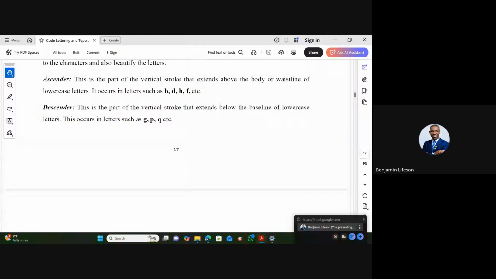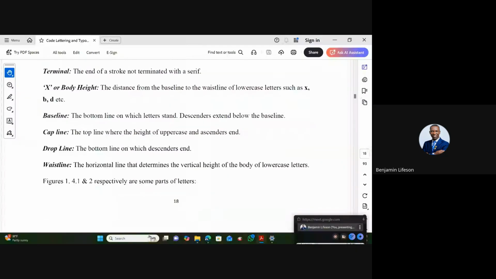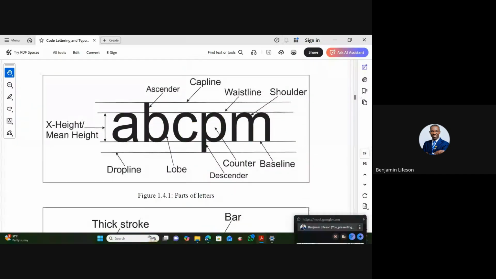Then let's look at descender. Descender is the part of the vertical stroke that extends below the baseline of lowercase letters. They are the parts dropping below the baseline. So let's look at where the baseline is located.